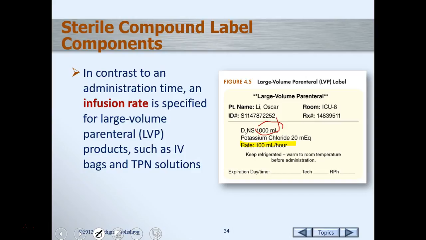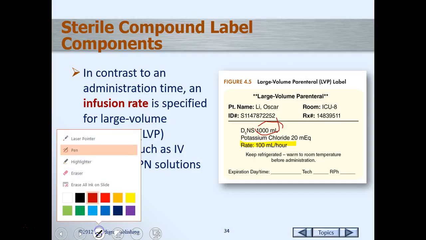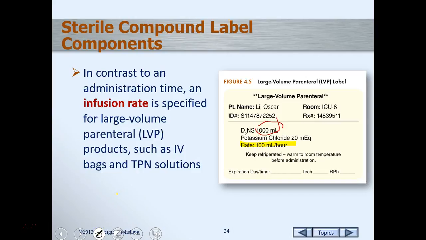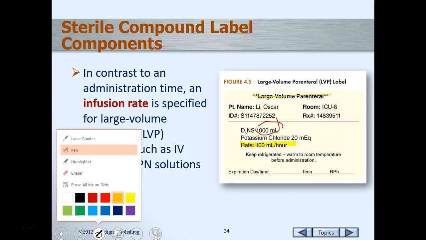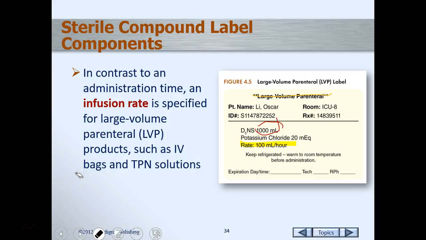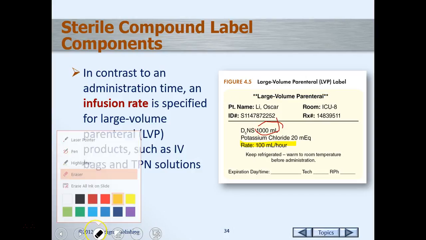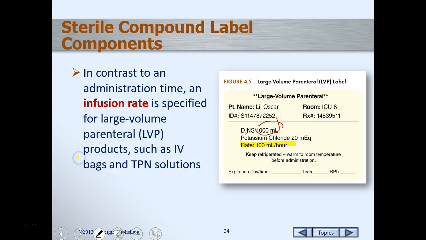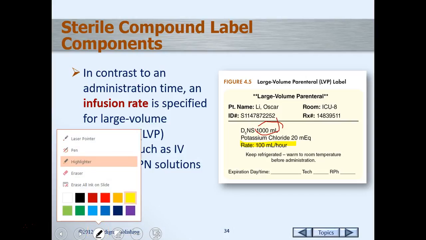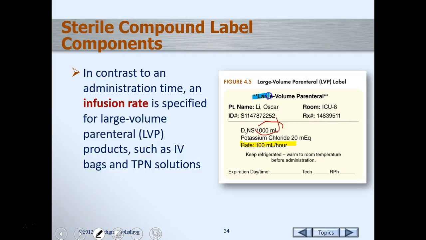So an infusion rate, now you see also on here that this is telling us it's a large volume parenteral. Let's see if we can take that off and go back with our highlighter. All right, so our large volume parenteral, and it just may say IV for that.